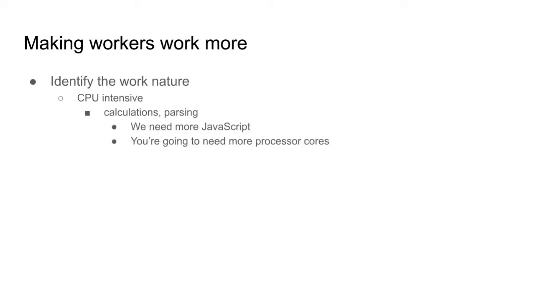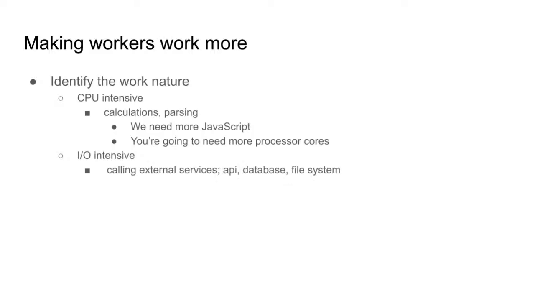Of course there is. So first, we need to identify the work nature. Is the work CPU intensive, such as calculations or parsing? If so, we will need more JavaScript. And if we need more JavaScript to run in parallel, we will need to have more processor cores, as we might have noticed already. Or is the work I/O intensive?